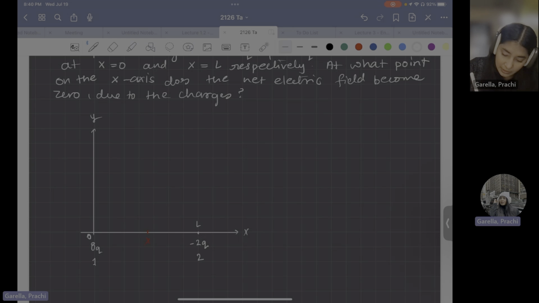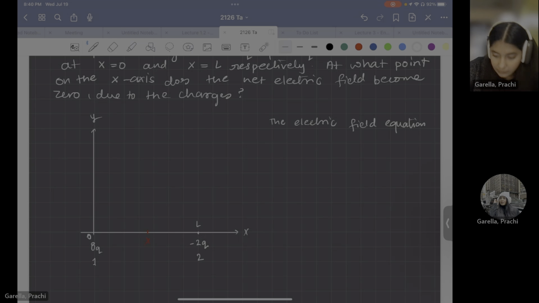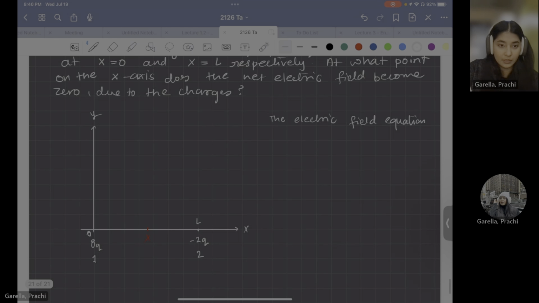So the electric field equation is, we all know, kq over r squared.